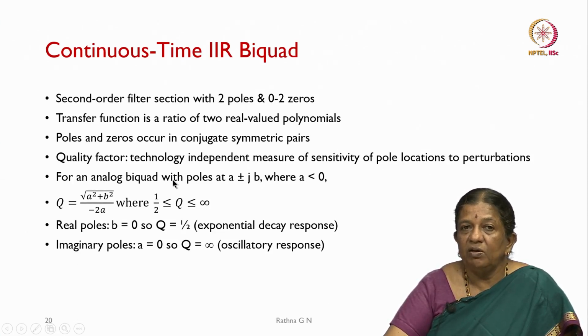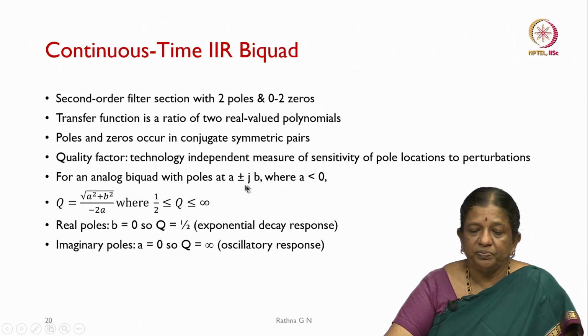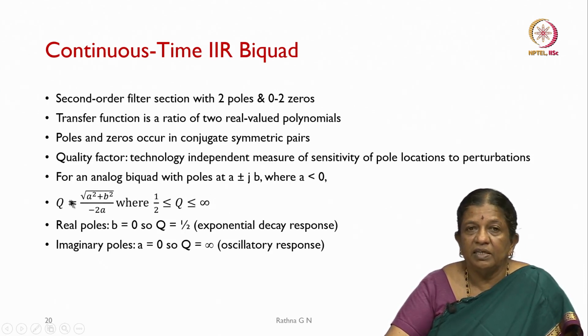For an analog biquad with poles at A plus or minus jB, where A is less than 0, the quality factor Q is given by the square root of A square plus B square divided by minus 2A, where half is less than or equal to Q, which is less than or equal to infinity.